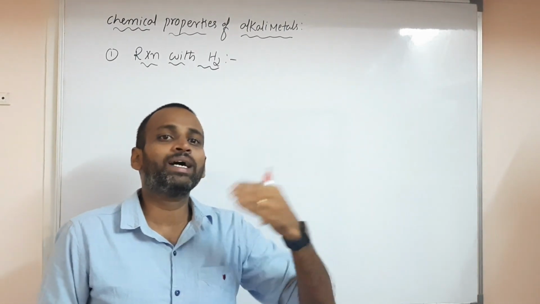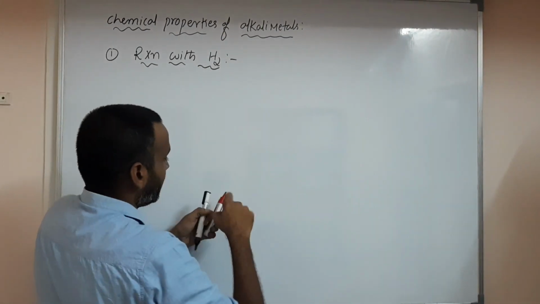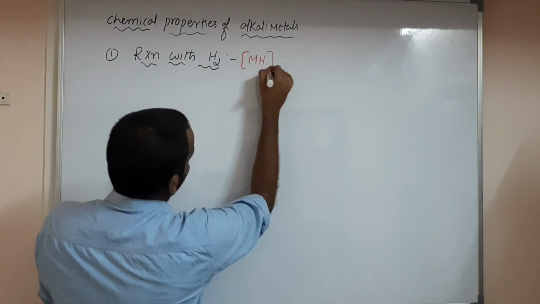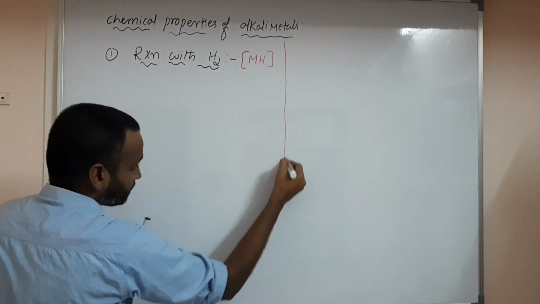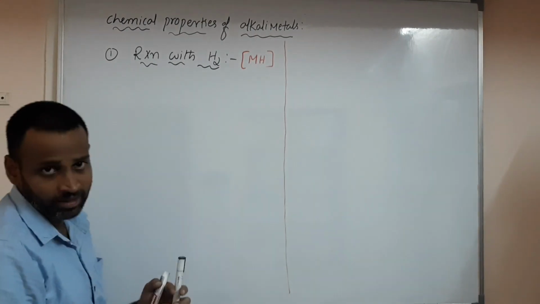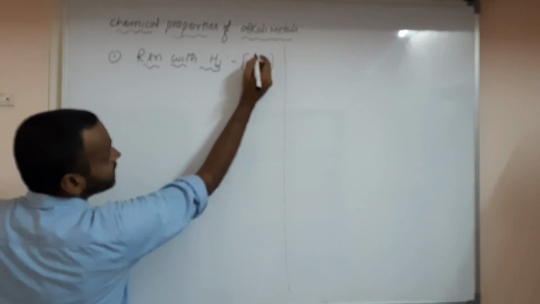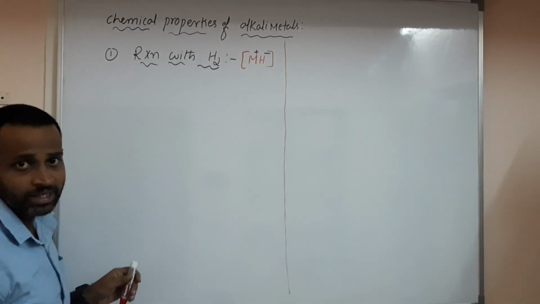Certainly hydrogen has a minus charge in hydrides. Simply, they form MH. So alkali metals, when they react with hydrogen, form hydrides with the formula MH, M plus and H minus.